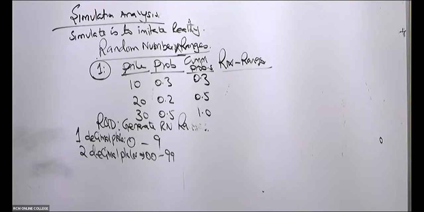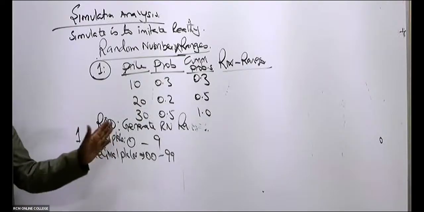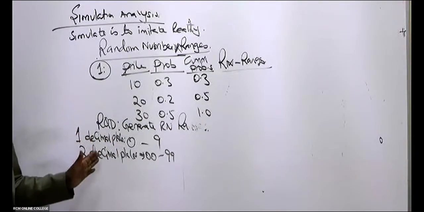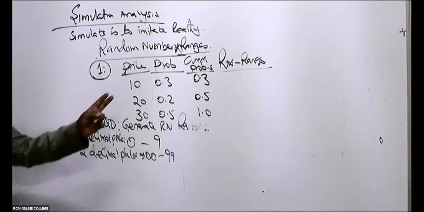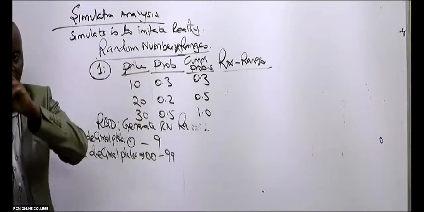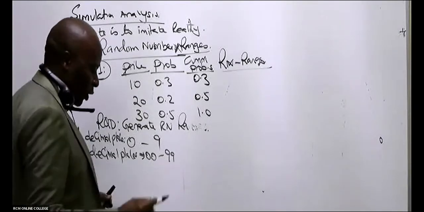Generate random number ranges. And the random number ranges we shall be generating depend on the decimal places. When you have only 1 decimal place, this is how the random number ranges will look like, 0 to 9. If there are 2 decimal places, we talk of 00 to 99. These are how many decimal places? 1. So look at what I will do to get my random number range for the first class.